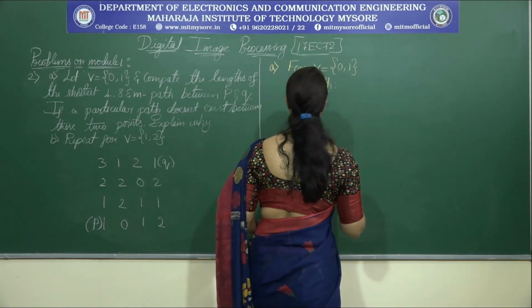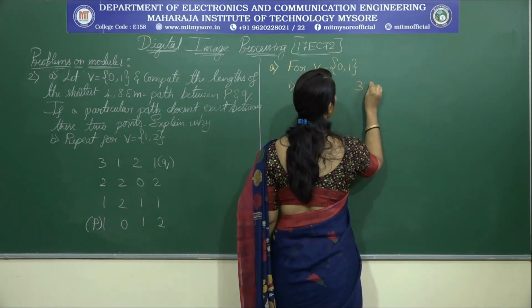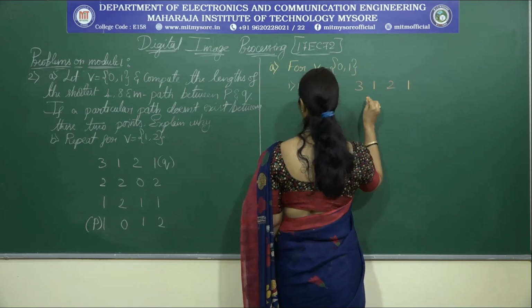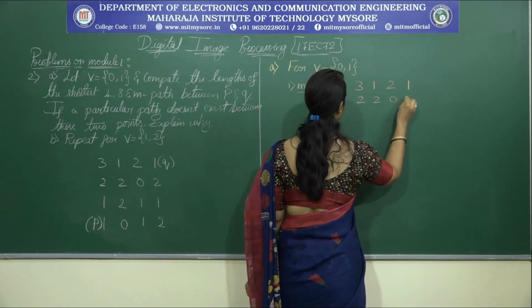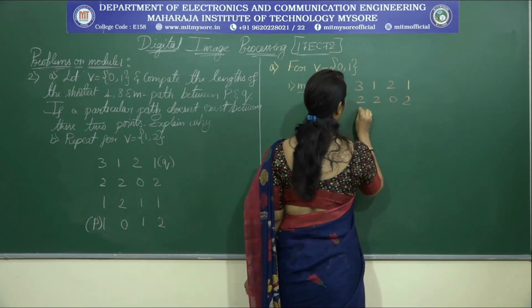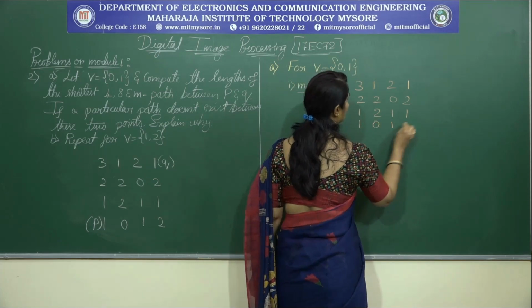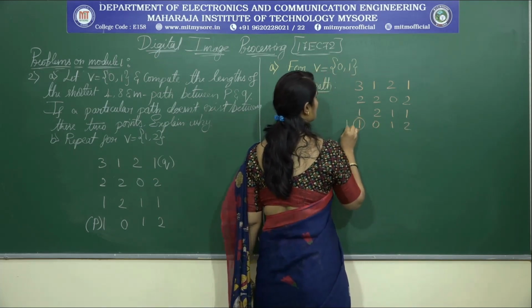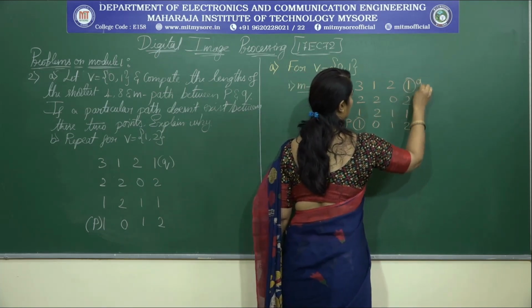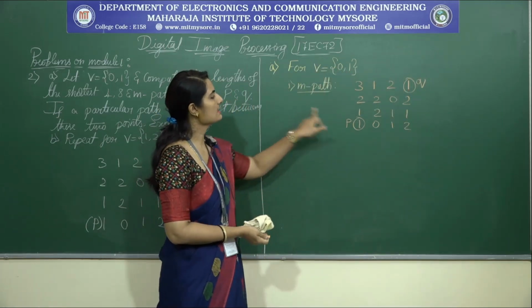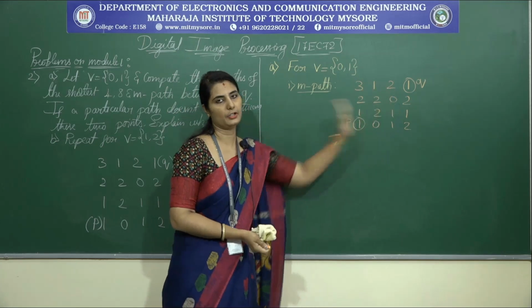The given pixels are 3, 1, 2, 1, 2, 2, 0, 2, 1, 2, 1, 1, 1, 0, 1, 2. So this is P and this is Q. Now I should check whether an M path exists between the 2 pixels P and Q.